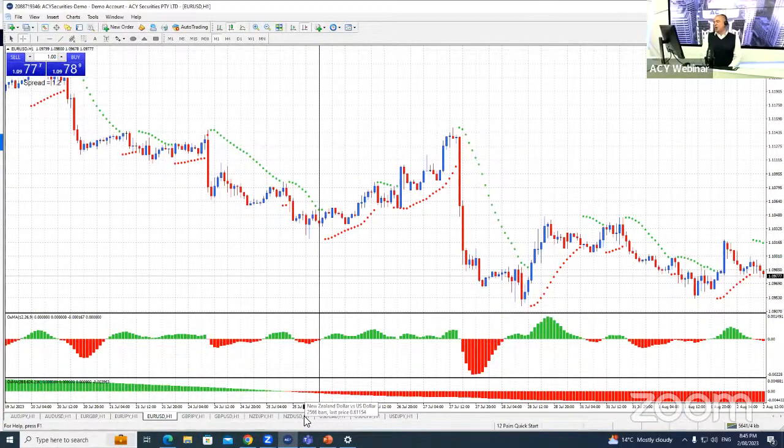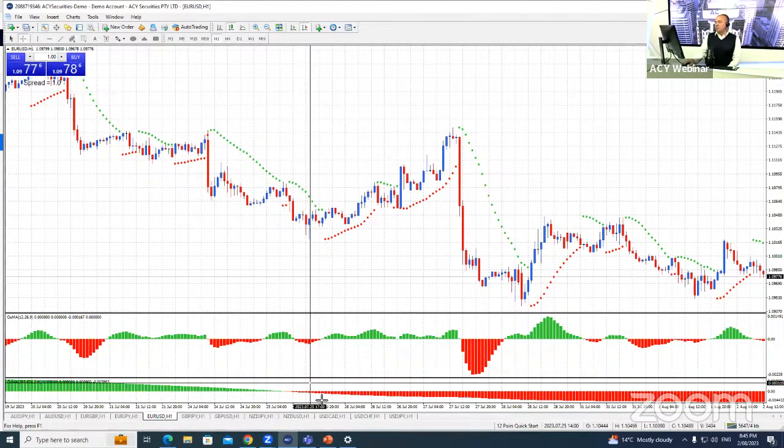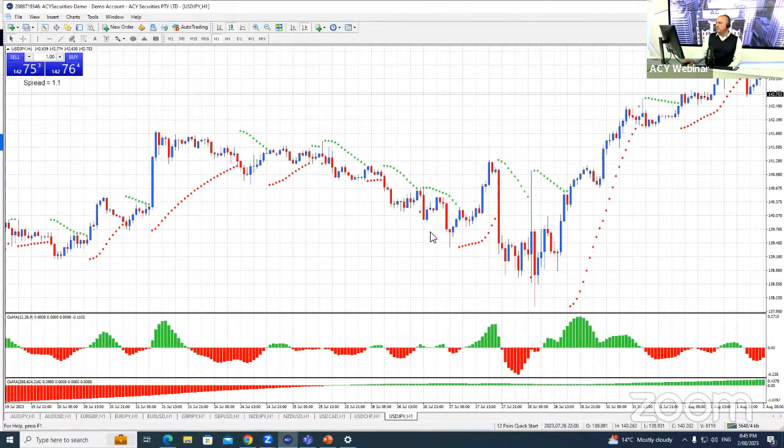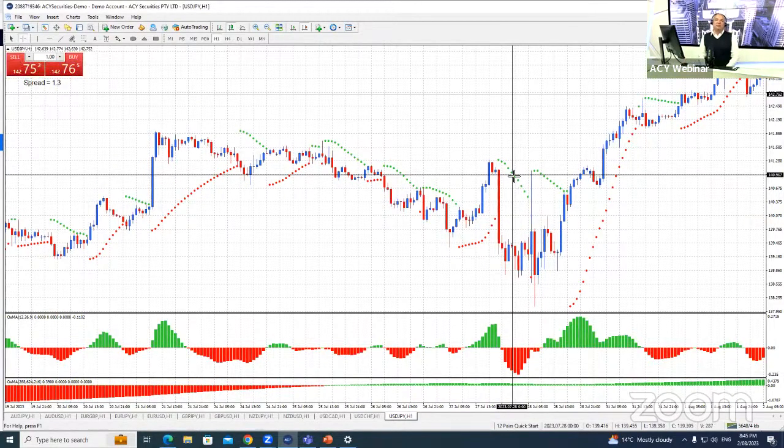Very true. So either way, today it just seems like there's a lot of selling on these pairs that we're looking at. Some days it could be completely the other way around. If we're looking for a buy trade setup, let's say we're looking at dollar yen. We had the Bank of Japan come out a couple of days ago suggesting they might provide some support and changing the way they're dealing with their longer term bond yields.